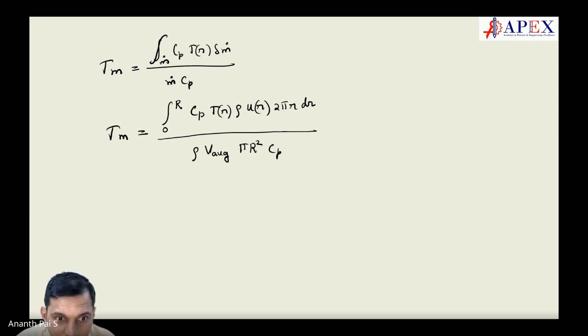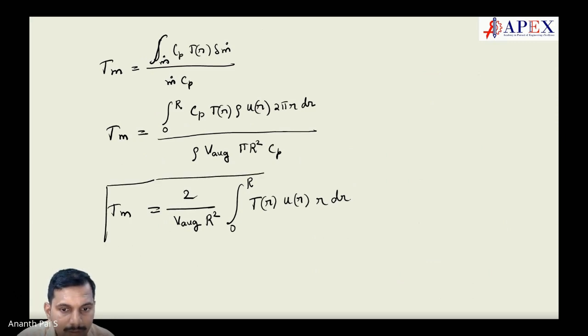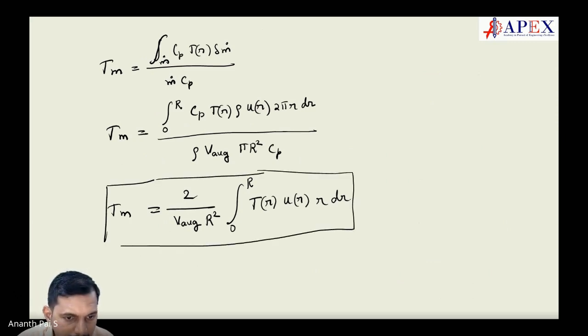This together comes out as 2 by V average into R square, into integration from 0 to R of T of r, u of r into r dr. This is the mean temperature.